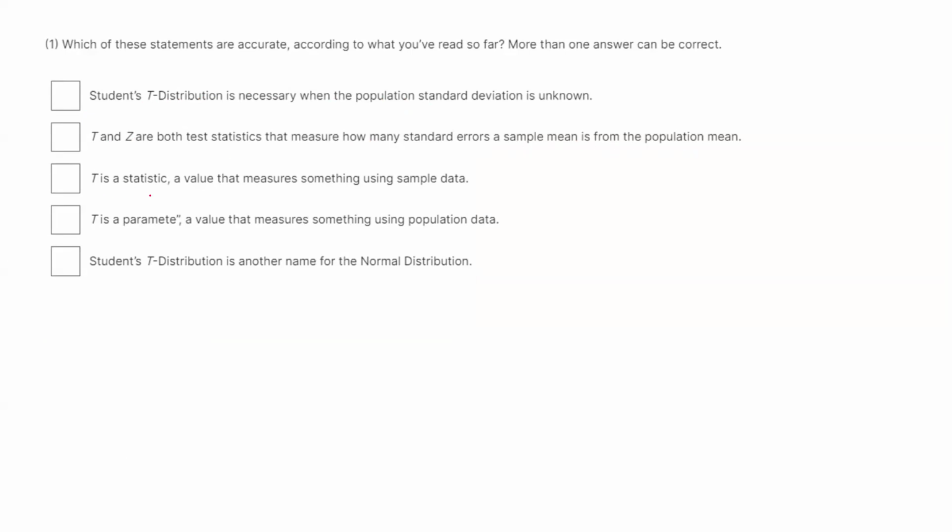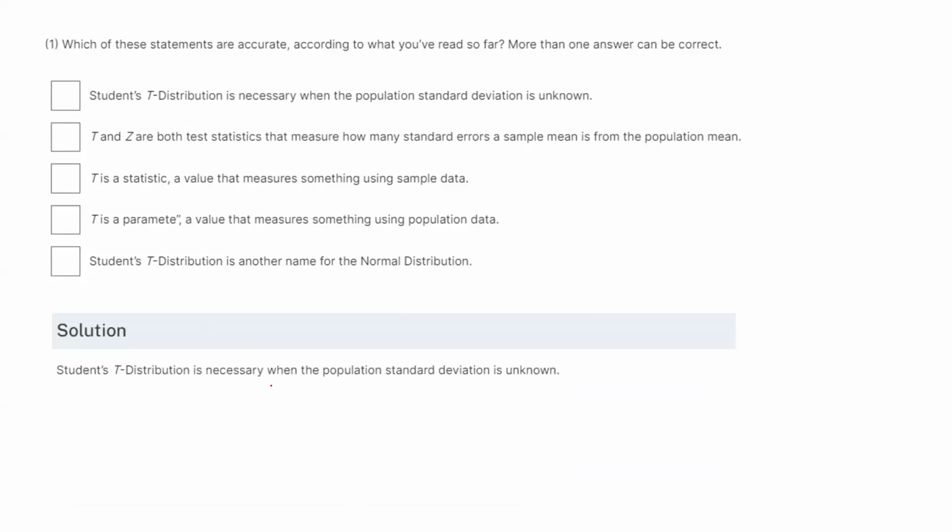T is a statistic, a value that measures something using sample data. T is parameter, a value that measures something using population data. And finally, students' t distribution is another name for the normal distribution. Remember that.